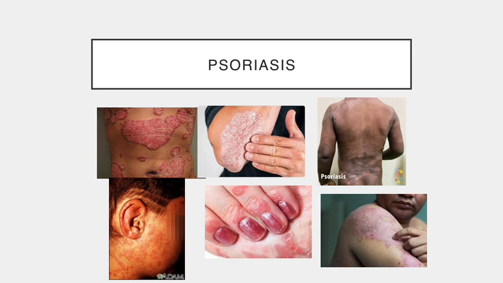Check for a family history, and also make sure that you're talking to the patient about other symptoms. Psoriasis has been linked to heart disease, for example, and psoriatic arthritis, where you're seeing very distinct changes in joints of the fingers. So again, assessing all of that is very important.